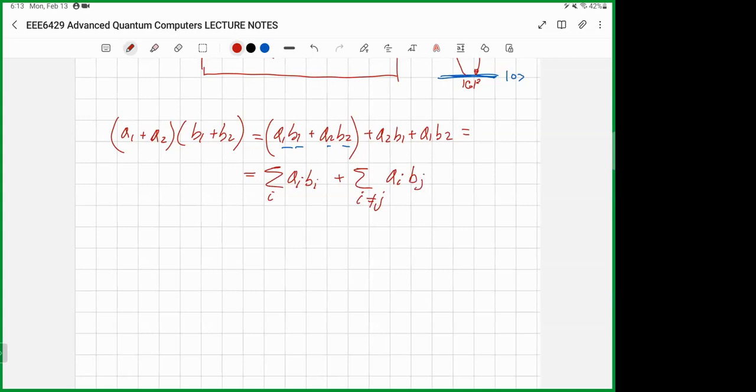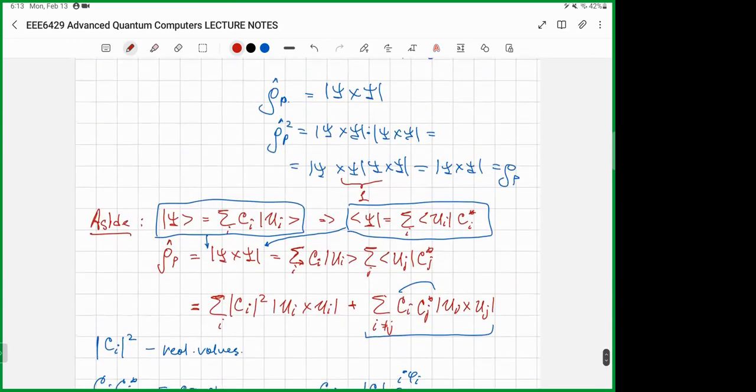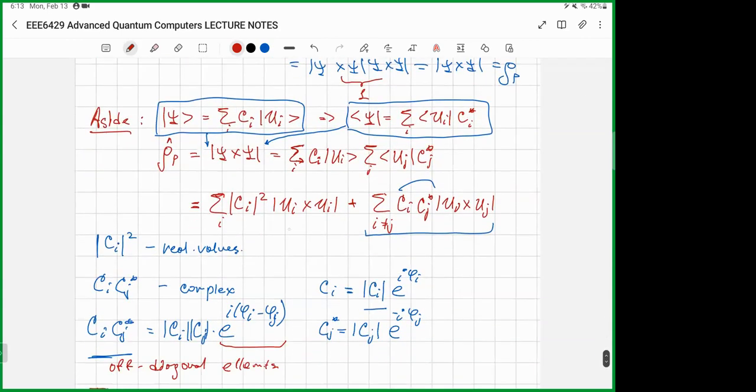I put in the first place the terms with the same indices, and then in the second term all the terms with different indices. So this is exactly what I did here.